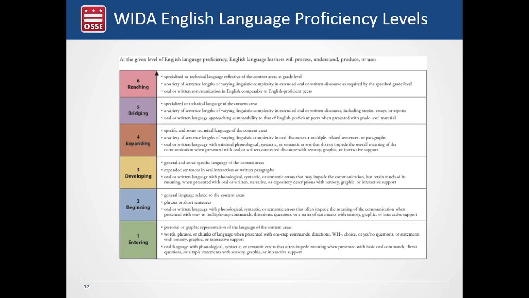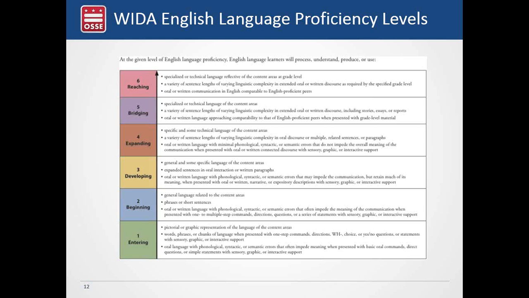As we go up, we see that those skills in the English language increase, and they go from understanding and speaking and writing words to phrases to sentences, and then to paragraphs and extended discourse.